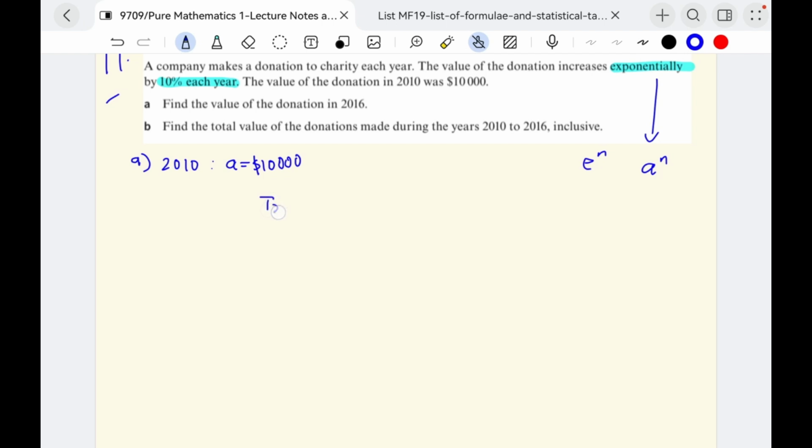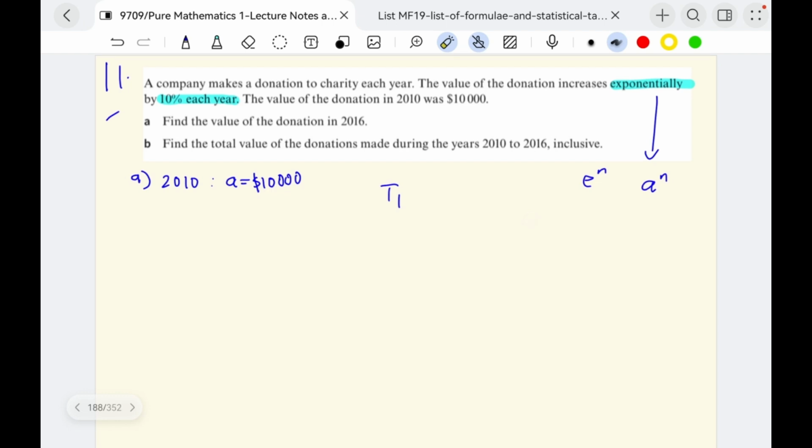This is the second term, this is the first term. Originally T1 is 100%, so we put it as 1. What about the second term? It is 1.10. Why is it 1.10? Because of the keyword increases.